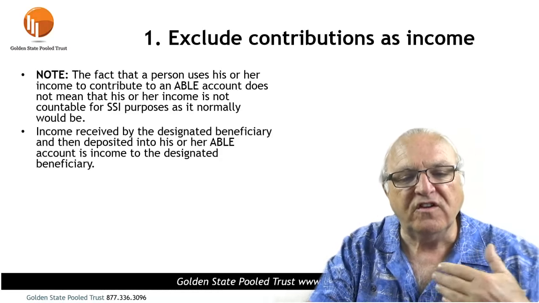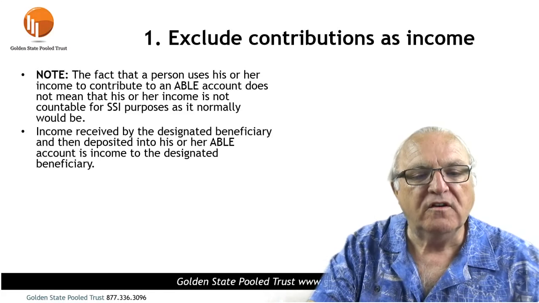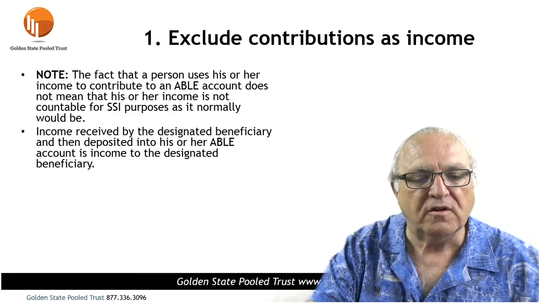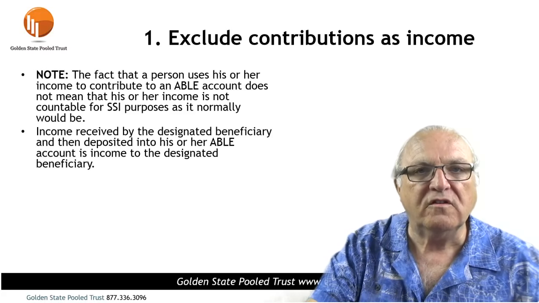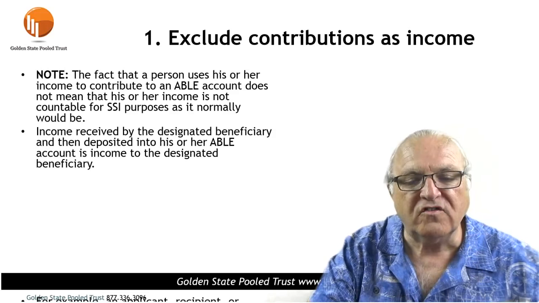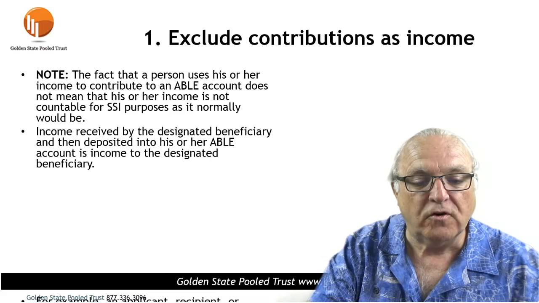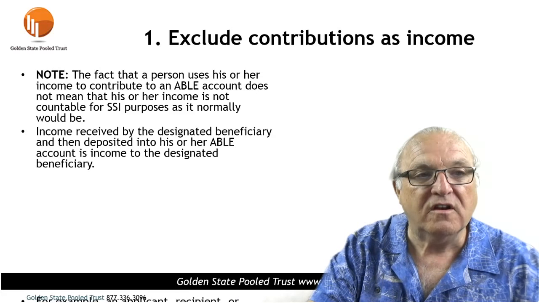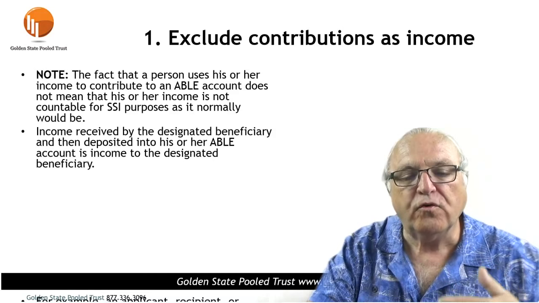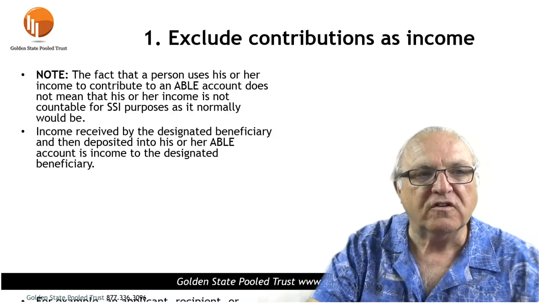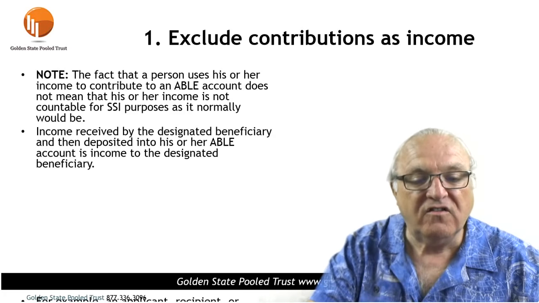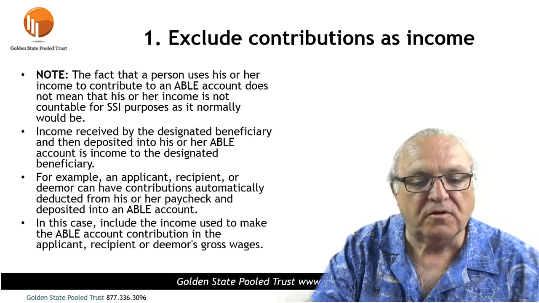So income received by a designated beneficiary, then deposited into his or her ABLE account, is income to the designated beneficiary. For example, a recipient or deemer can have contributions automatically deducted from their paycheck and deposited into the ABLE account, but it's still going to be subject to the 2-for-1 reduction after the first $65. In this case, include the income used to make the ABLE account contribution in the applicant, recipient, or deemer's gross wages.